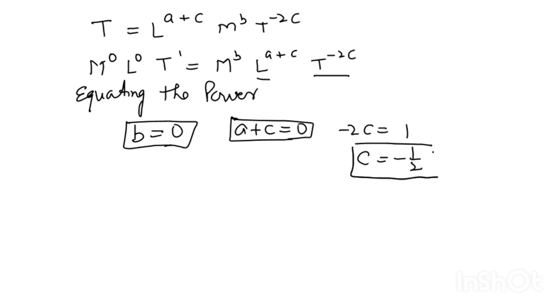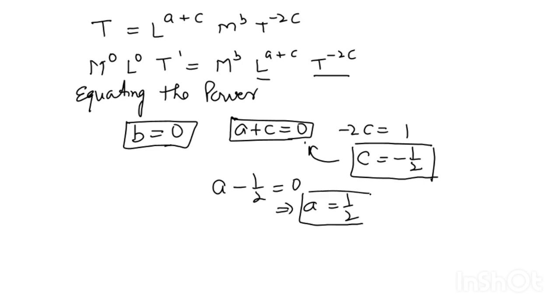And we put the value of C in the second equation. So A minus half equal to 0. This implies A equal to half. The value of A is half, B is 0 and C is minus half.